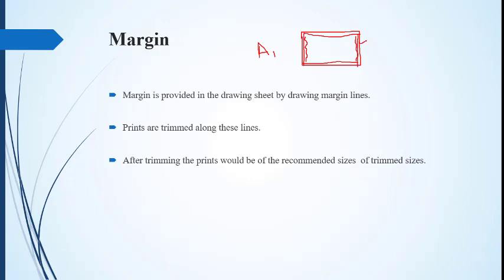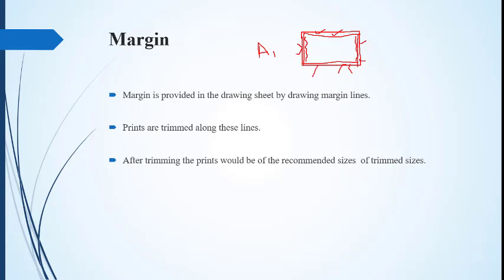Outside this margin line, this area is not used for any drawing purpose or any writing or any other thing. So these outside areas are known as border margin. After trimming, the prints would be of the recommended trimmed size.